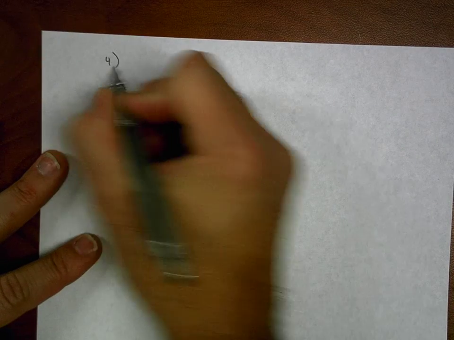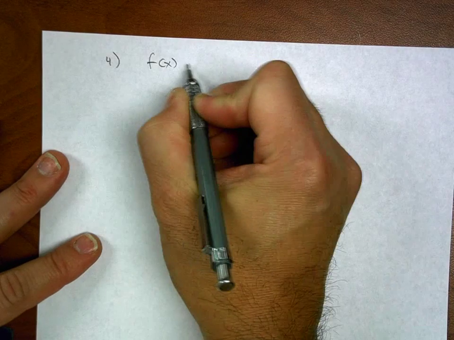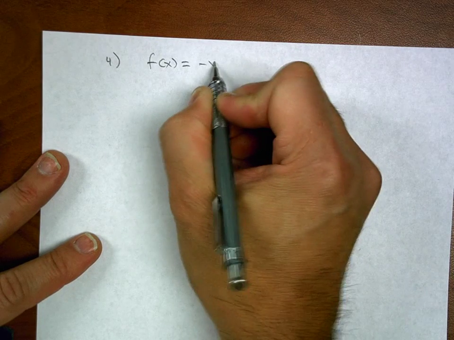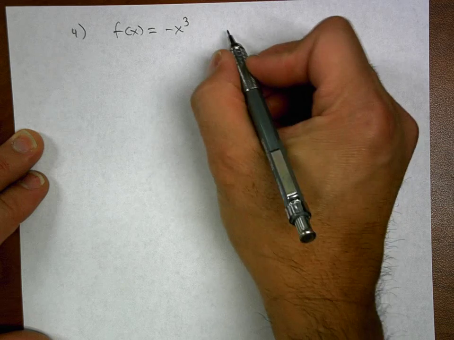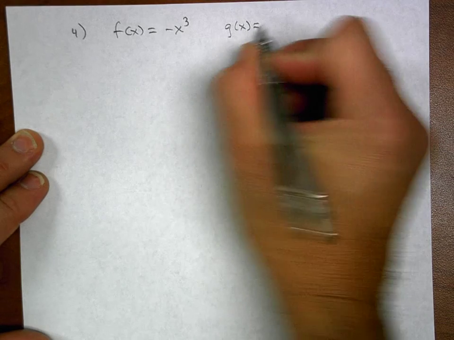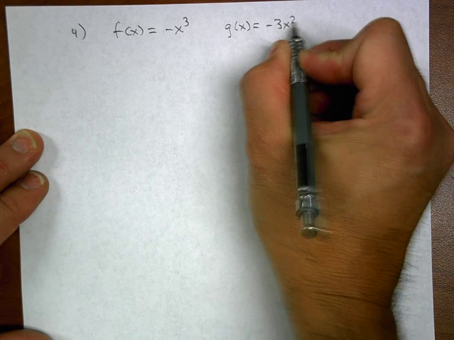Number 4. F of x equals -x cubed. G of x equals -3x squared minus 10x.